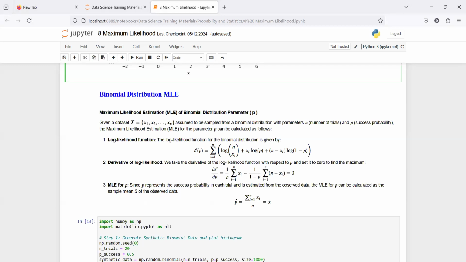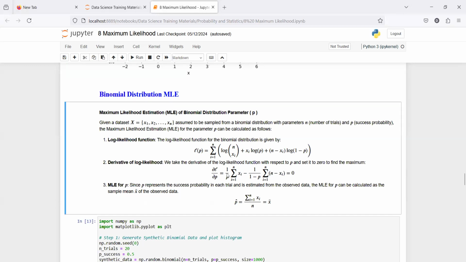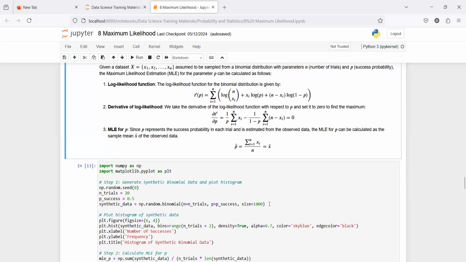Then we derive the log likelihood, take the derivative with respect to p, and we get this term here. And finally, when we do some algebraic rearranging of terms, we get this: p hat is equal to x bar, which is just the sample mean.